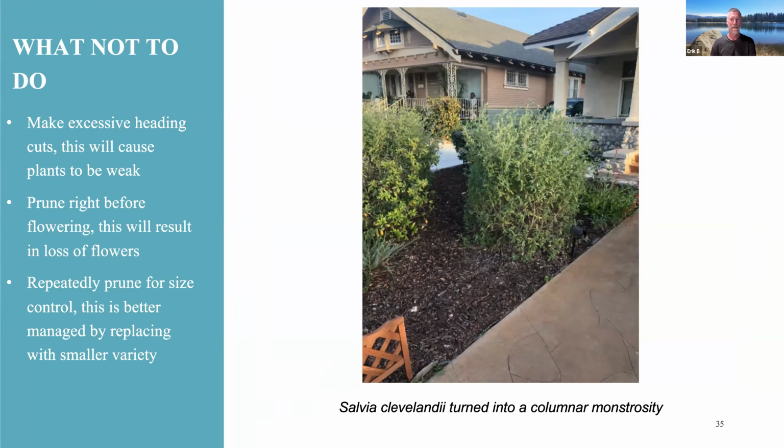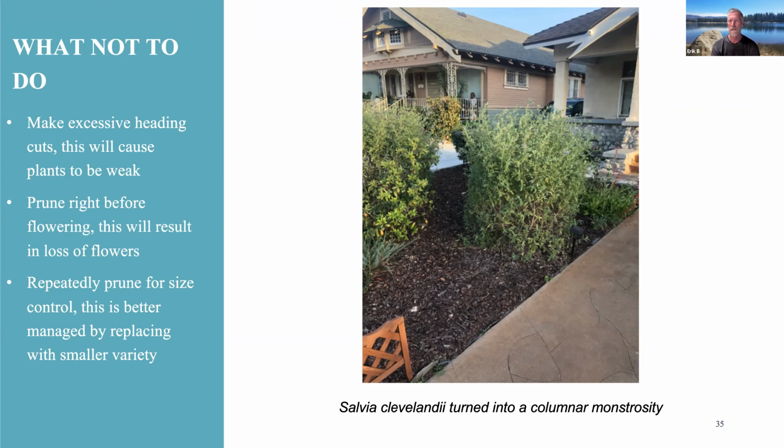Here is what's called a columnar monstrosity. This is a Salvia clevelandii. I think what they're saying here is this is a plant that is too big for the space. It's very close to what I think is a driveway, and it's close to the other plants. They tried to keep some of the top growth.